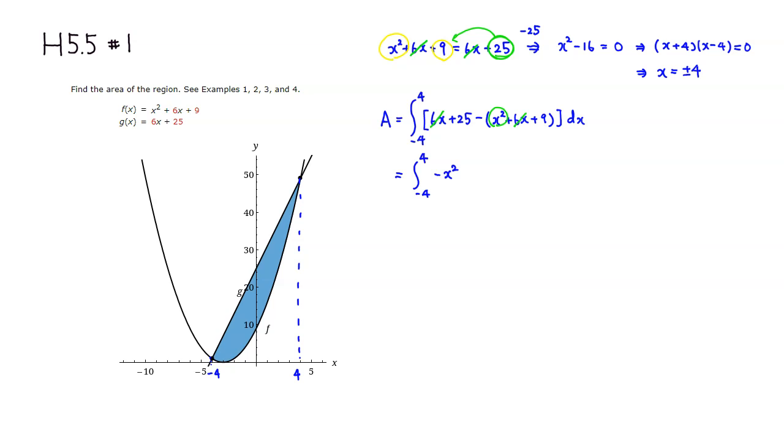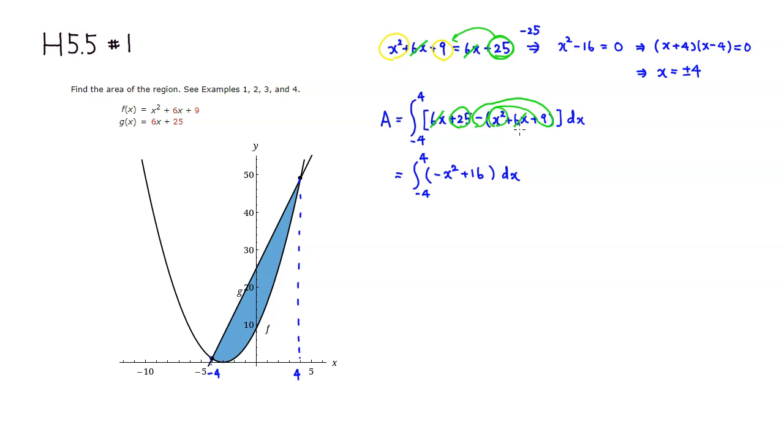Then you have 25 minus 9, so that's going to be 16, plus 16.